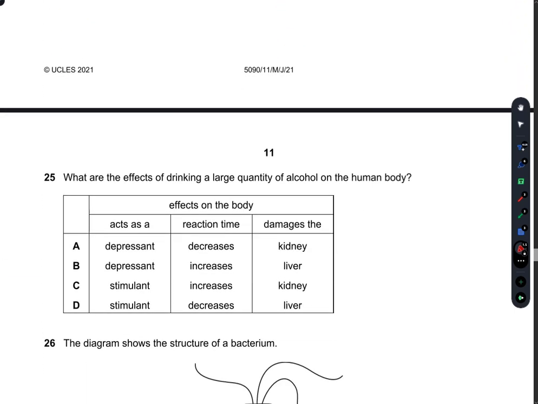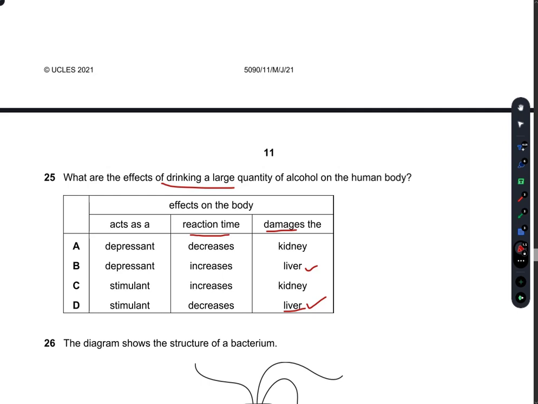D is the right answer. What are the effects of drinking a large quantity of alcohol on the human body? A large amount of alcohol will damage the liver most, because the liver would not be able to detoxify first of all, and then the kidney would come.